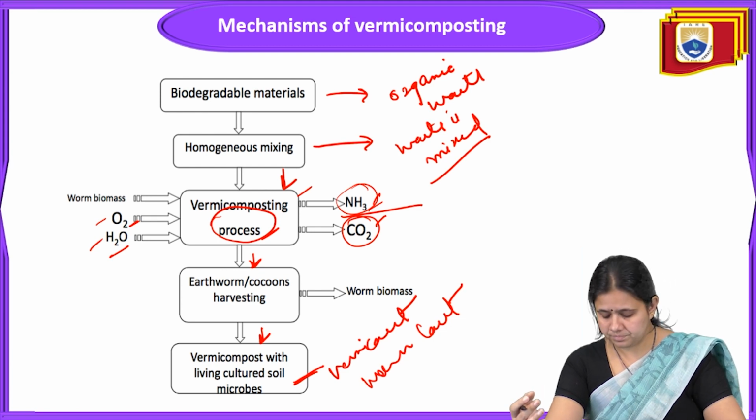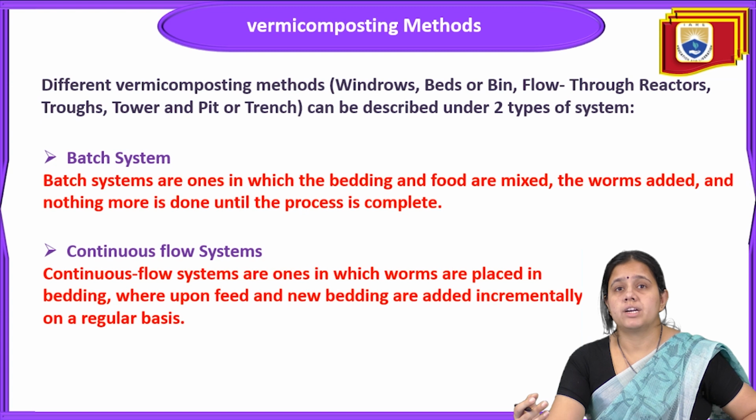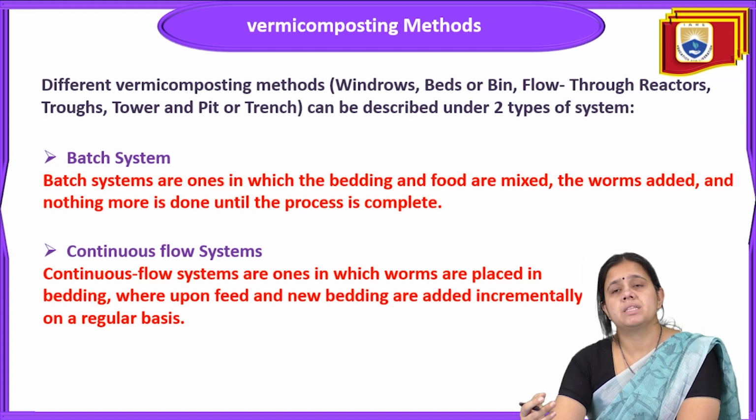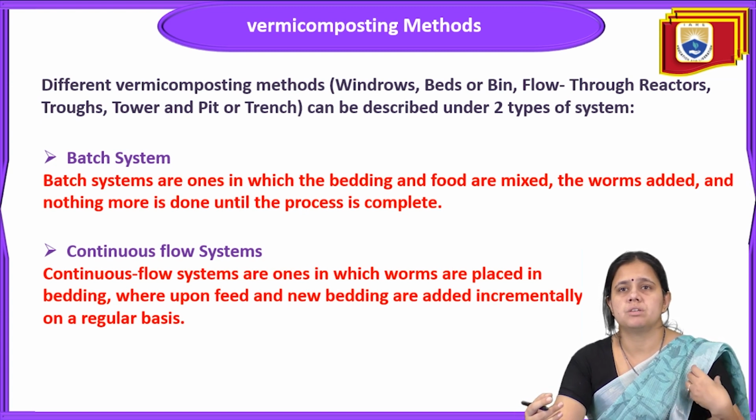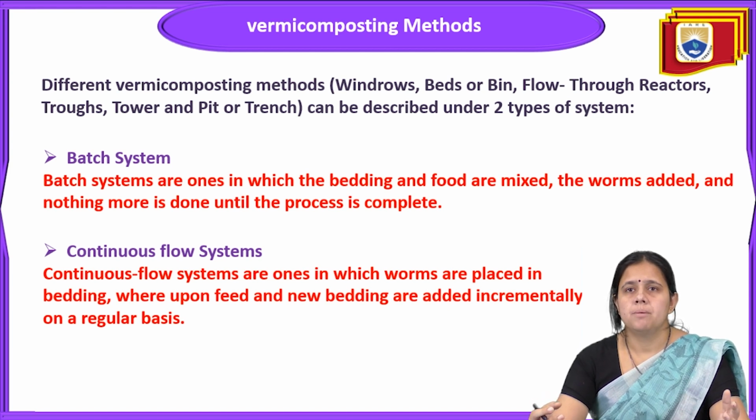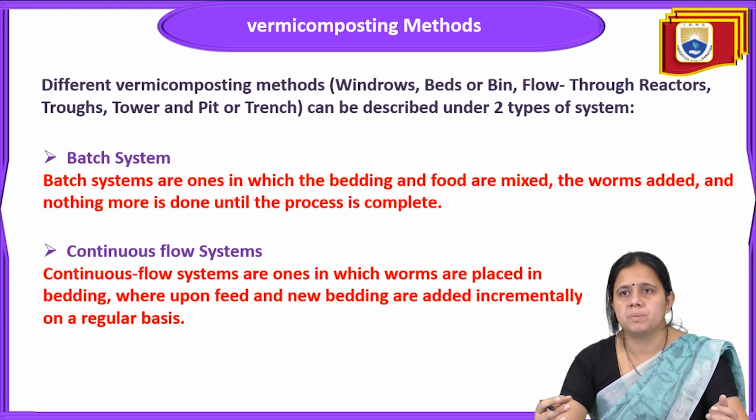Okay, now which methods are followed for the vermicomposting process? The different methods are called windrow methods, beds or bins, flow through reactors, troughs, towers, pits or trenches.